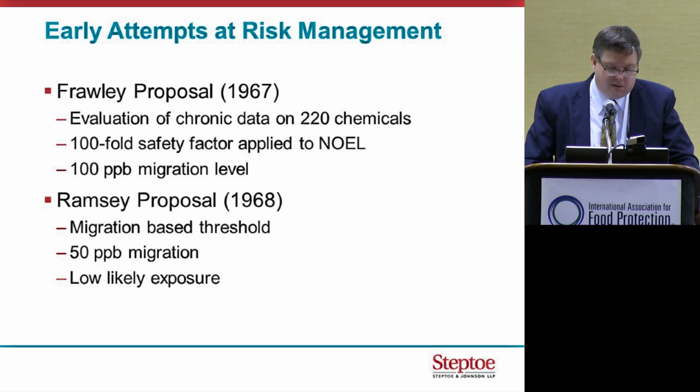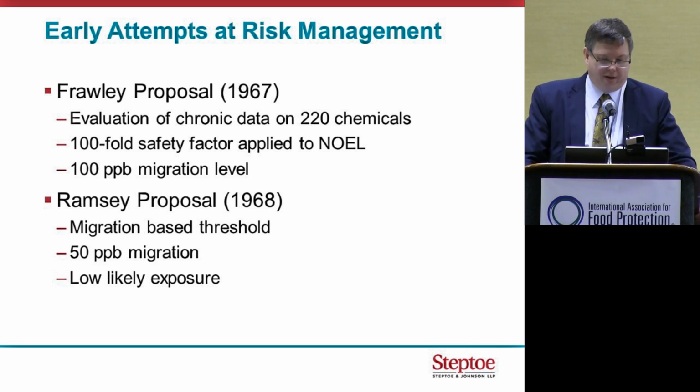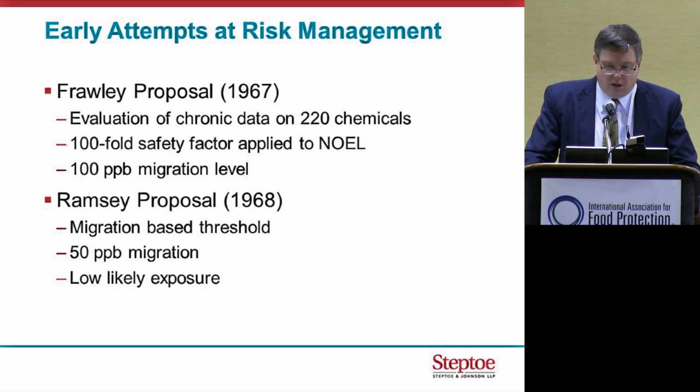And he collected, along the lines of what we've seen later with the TTC approach, a significant number of studies on a variety of chemicals, generally believed to be probably all of the publicly available chronic data at the time.